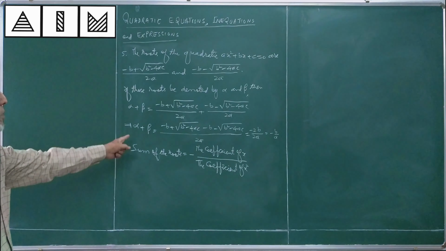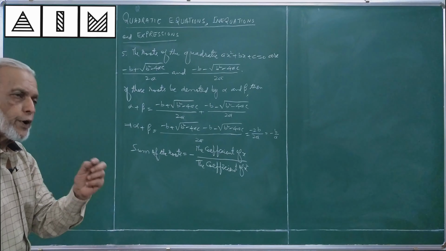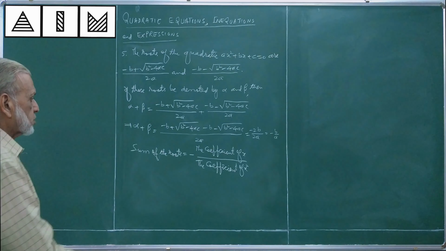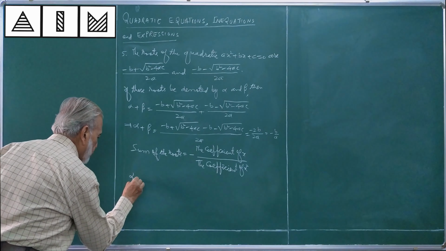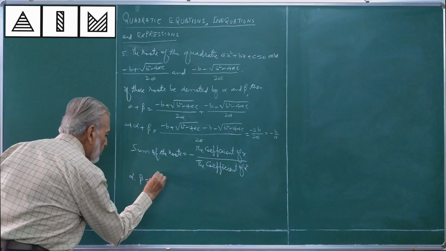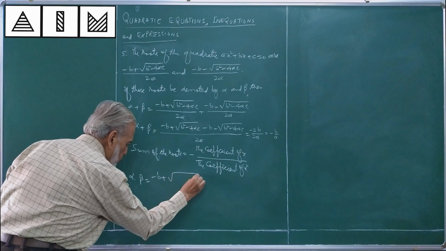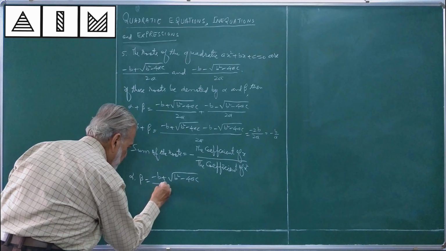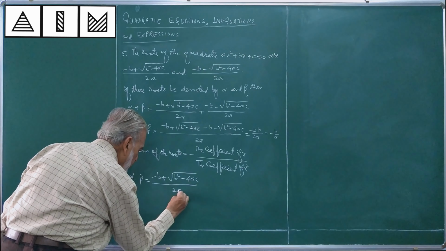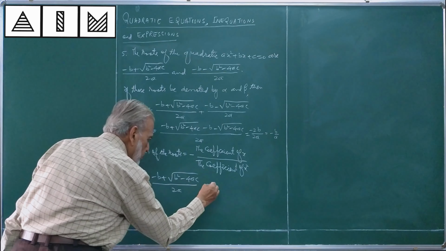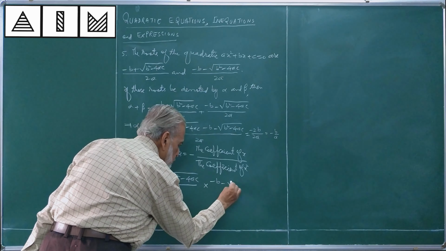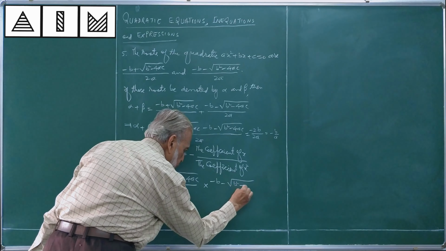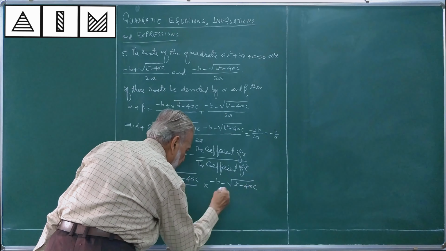Having considered sum of the roots, I am going to now consider product of the roots. See here, alpha into beta, minus b plus square root of b square minus 4ac whole divided by 2a multiplied by minus b minus square root of b square minus 4ac whole divided by 2a.